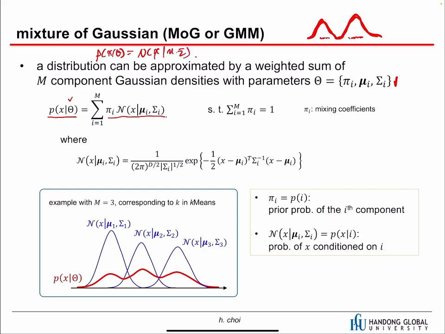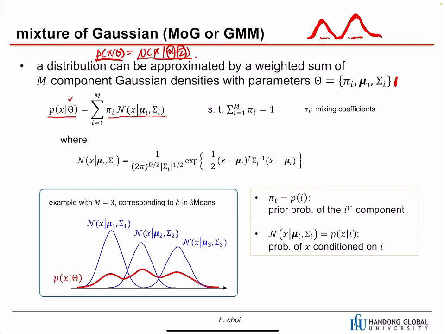When we assume that the data sample can be modeled by a single Gaussian distribution, then this probability of x given theta can be modeled by this. And in this case, we have two parameters, mu and sigma, and mu and sigma can be estimated based on the maximum likelihood estimator. So we have derived these estimators.